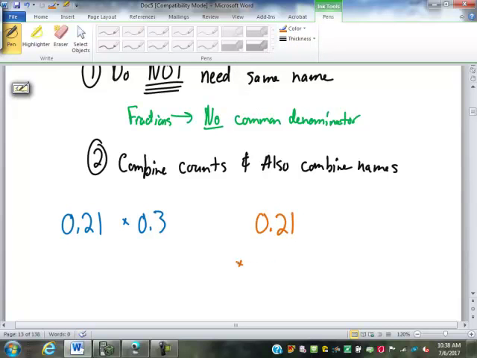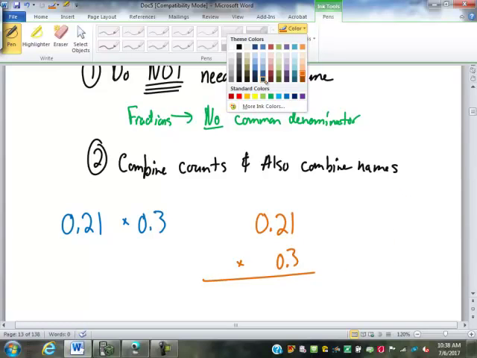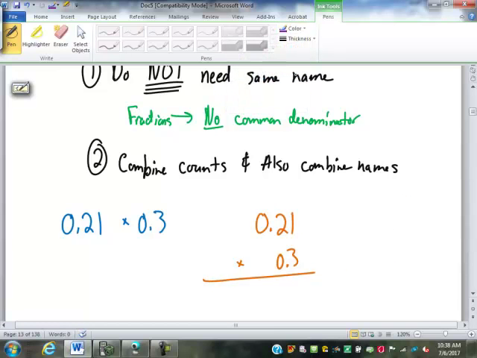When I write that out, I do not have to worry about lining up my decimal points. Remember, lining up the decimal points was the equivalent to making sure they had the same name. When we multiply or divide, we don't need to have the same name. So we don't need to line up the decimal points.